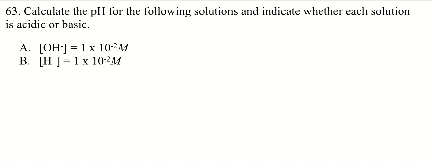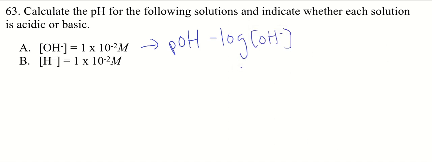So for A, the pOH, which is the negative log of the OH concentration, is just going to be 2. Just take the absolute value of the exponent. You can do that only if the coefficient is 1.